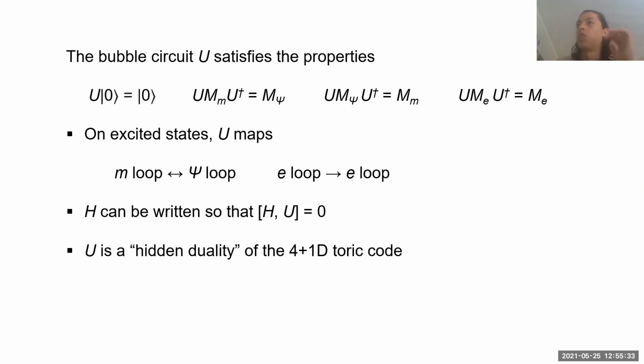So let me just end by posing some questions. The existence of this duality raises some very obvious questions. So I would say maybe the first question is, is there some sense in which this duality can be interpreted as a bona fide automorphism of some TQFT?